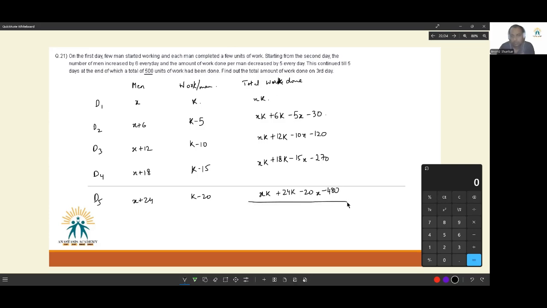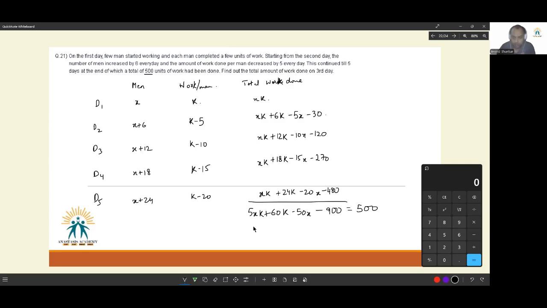So let's add this all up. You will get 5XK plus 60K minus 50X minus 150 plus 270 is 420, minus 900, is equal to a total of 500. So we bring this over to this side.